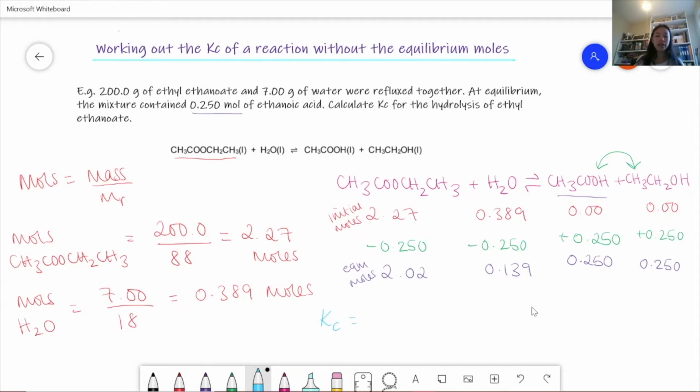So Kc equals the moles of CH3COOH and CH3CH2OH, so that'll be 0.250 times 0.250. And then we divide that by 2.02 times 0.139. And that comes out to be 0.22. And now we have a look at the units again.